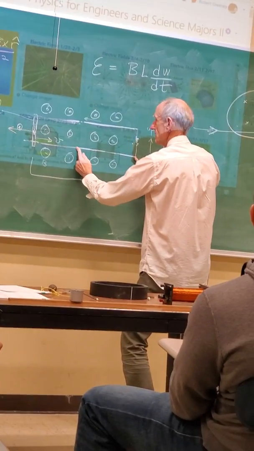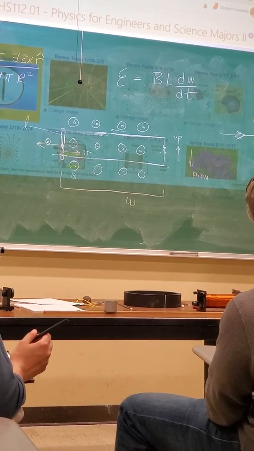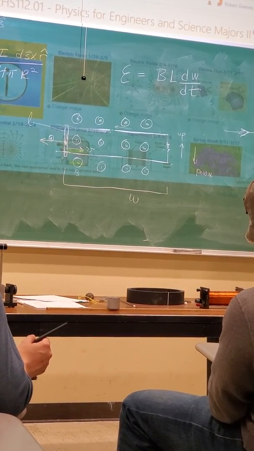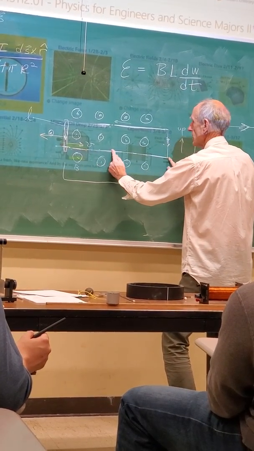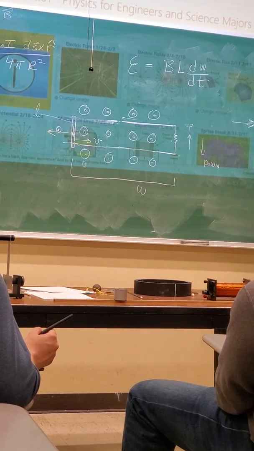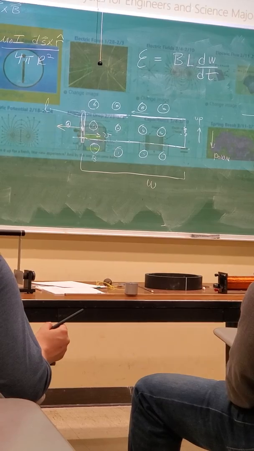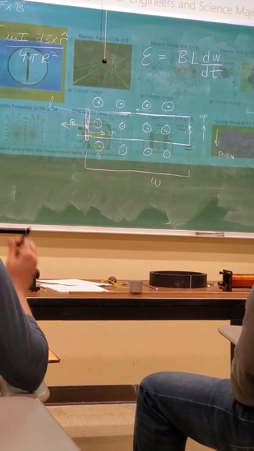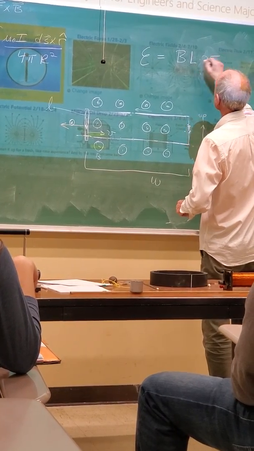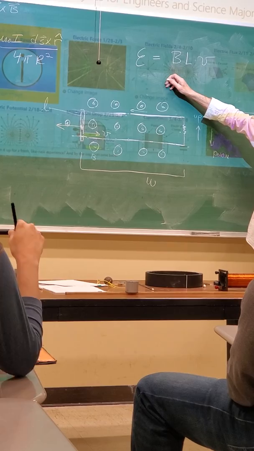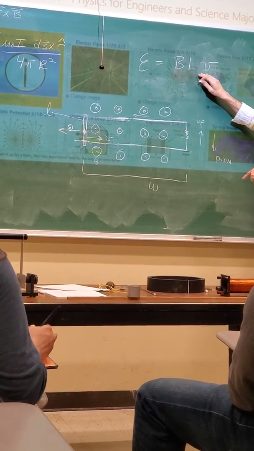Change in width over the change in time. It's something very familiar. Good. It's velocity. That equation's on your equation sheet, so you don't have to derive this. But in this situation, the EMF is going to be BLV.